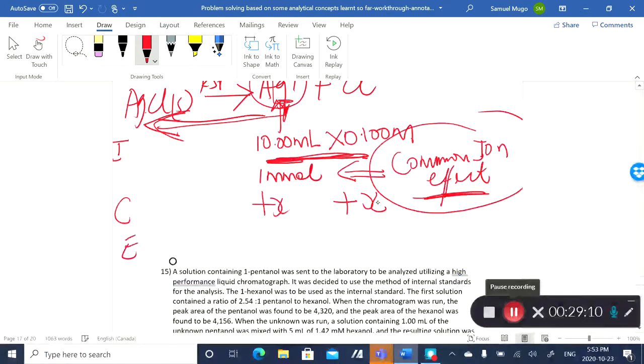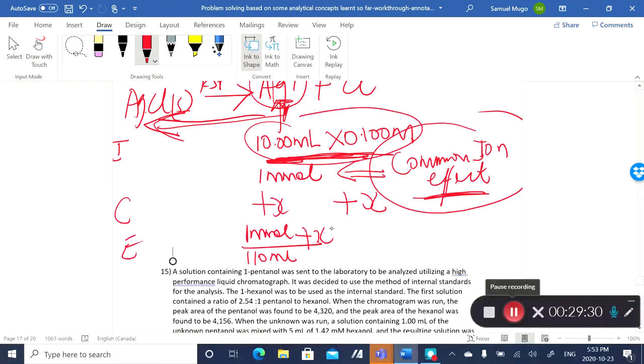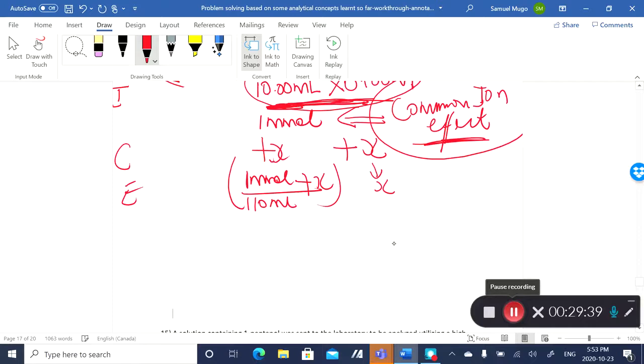and my equilibrium amounts would be, initially I had this concentration, 1 millimole. When you do this, you're going to get 1 millimole, and the total volume is 110 mL, right? Plus x, that's what initially I have, plus the x. And this one is the x, that's my equilibrium amounts there.